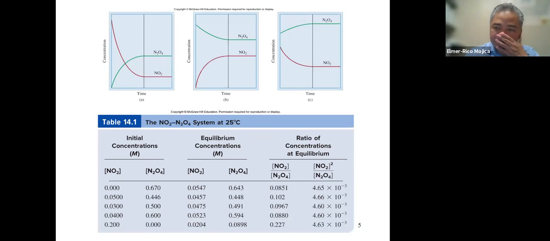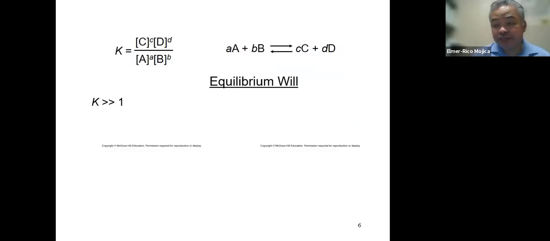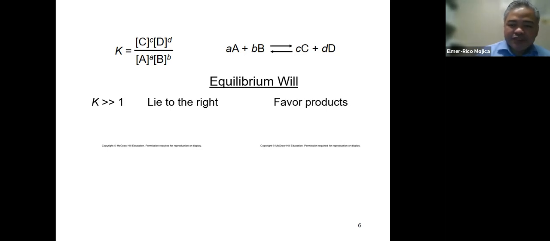Okay. And this is where they found out that if they look at the ratio of the concentrations at equilibrium, they would usually give you the same value as shown here. The same, if not close values with one another. And if we're going to look at what information we can get from this chemical equilibrium, usually when K is more than 1, it means the reaction is favored toward the product formation, or it lies to the right, and it favors the products.